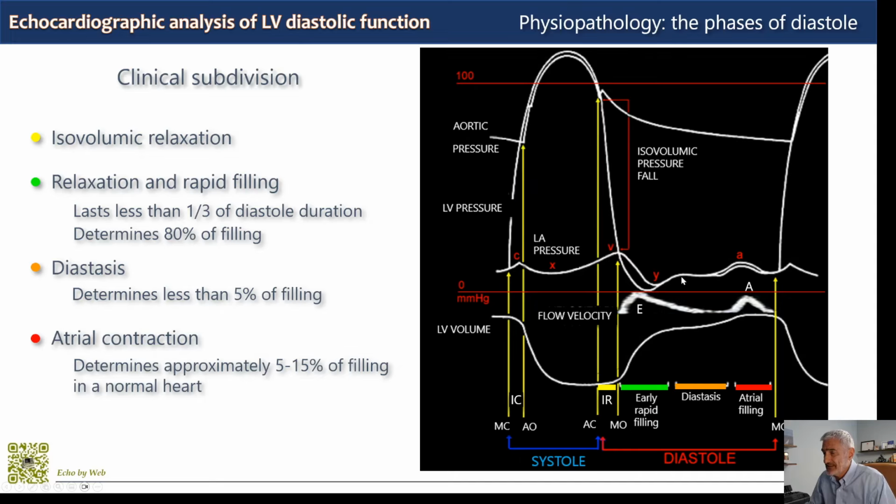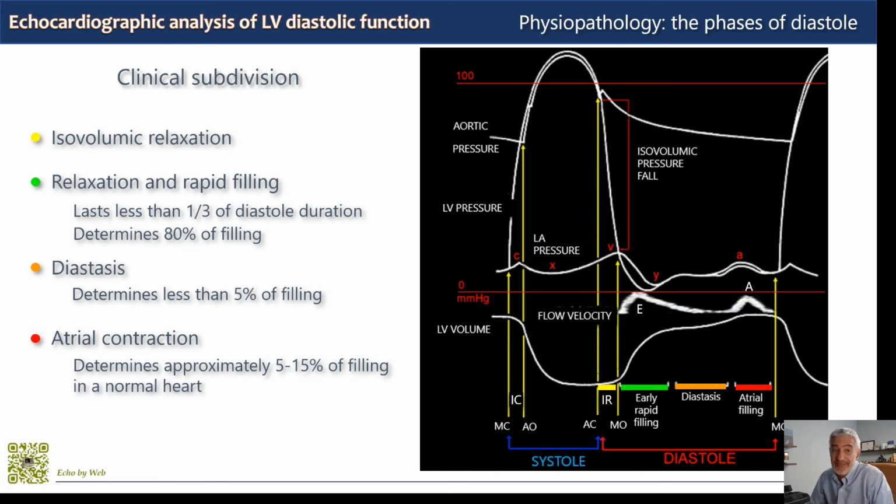Pressure in the ventricle and the atrium at this point usually overlap, so since the gradient between the atrium and the ventricle is small, the filling of the ventricle usually occurs because left ventricular compliance is higher than left atrial compliance, so the blood tends to enter the ventricle.